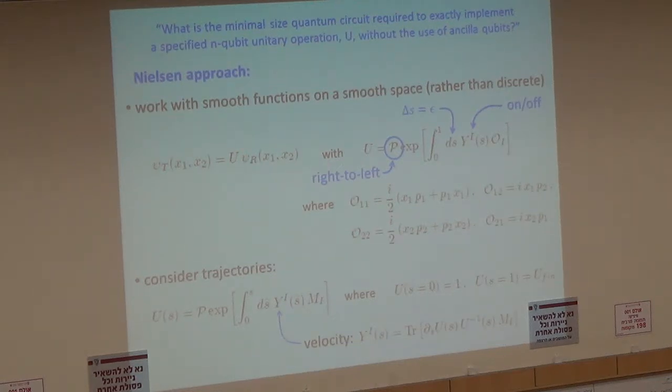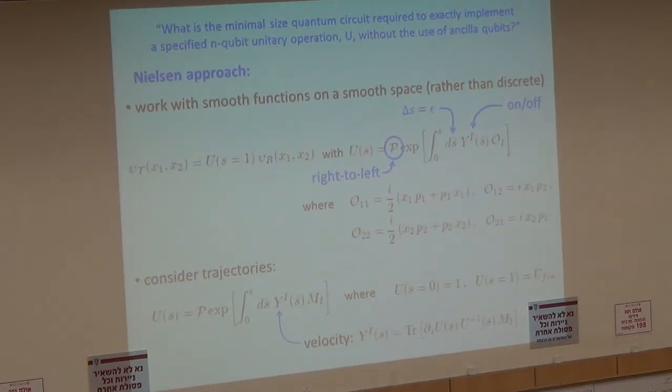Mike also said that, rather than just thinking about the total circuit, what counts is how you put the gates, or these operators, together. So you really want to think about the trajectory through the space of unitaries, rather than just the final unitary. What he suggests then is doing not an integral from 0 to 1, but an integral from 0 to s, and then I have a family of unitaries that characterize a certain trajectory in this space.